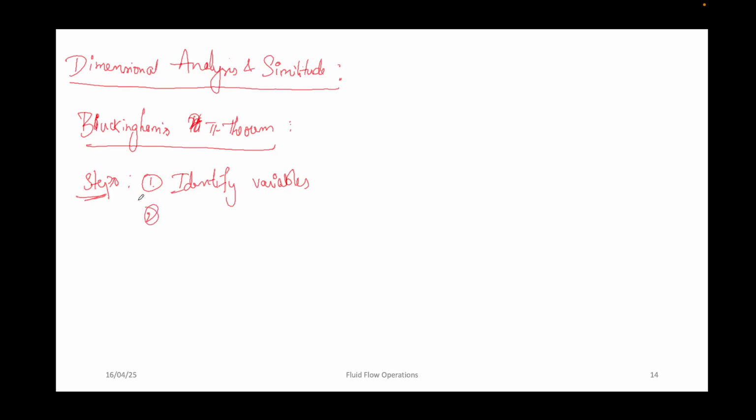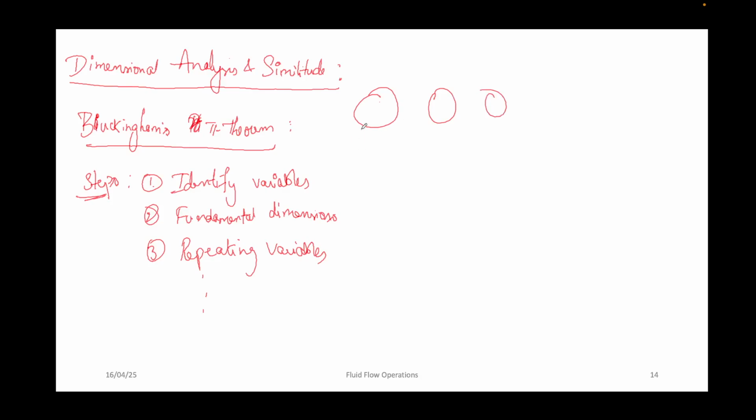Then you have to identify the fundamental dimensions. And then you have to identify the repeating variables. Okay. So on, the steps continue. So finally, you can group them together, and then you can develop your own dimensionless numbers as well. Okay, using this Buckingham pi theorem.